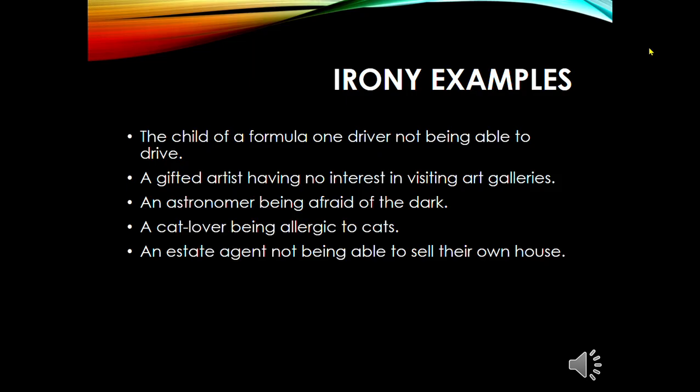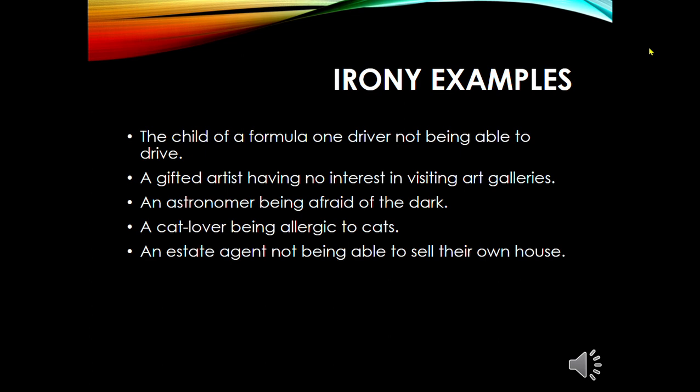Second story states a gifted artist having no interest in visiting art galleries. It is also contradictory because an artist's work is always available in the art galleries, and therefore artists keep on visiting those galleries in order to see the trends and the fashions in their own field.